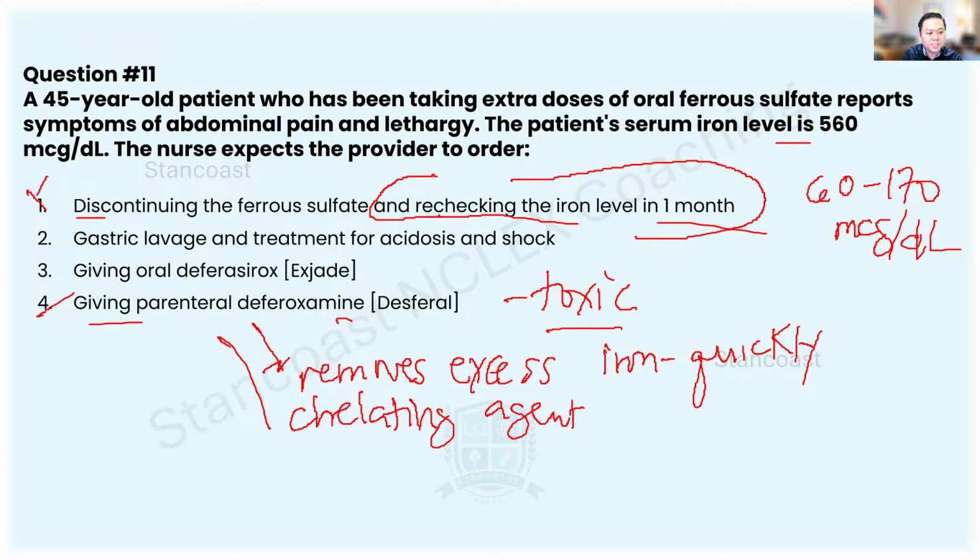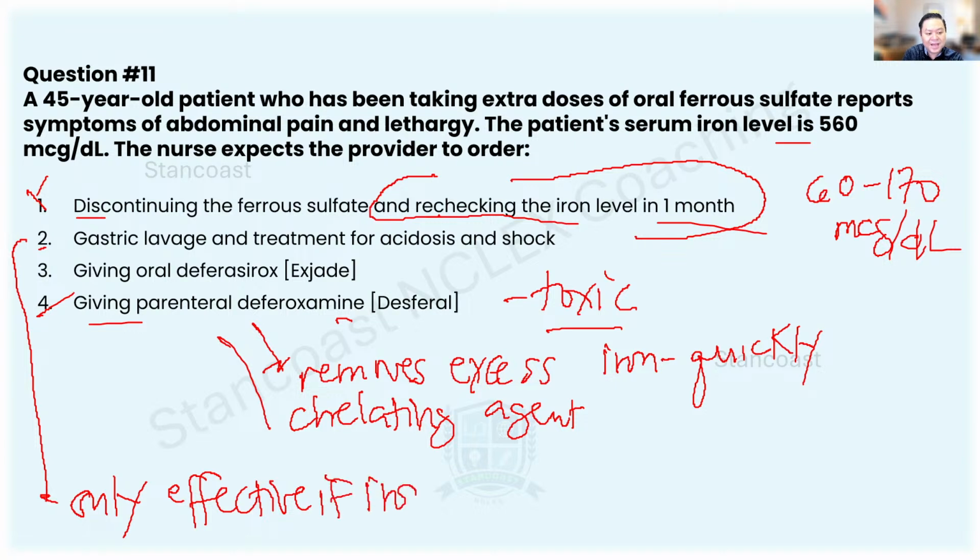What about number 2? Gastric lavage and treatment for acidosis and shock. What do you think? Well, this is only effective if the iron was ingested very recently. Okay, let me take note of that. Only effective if iron was ingested recently.